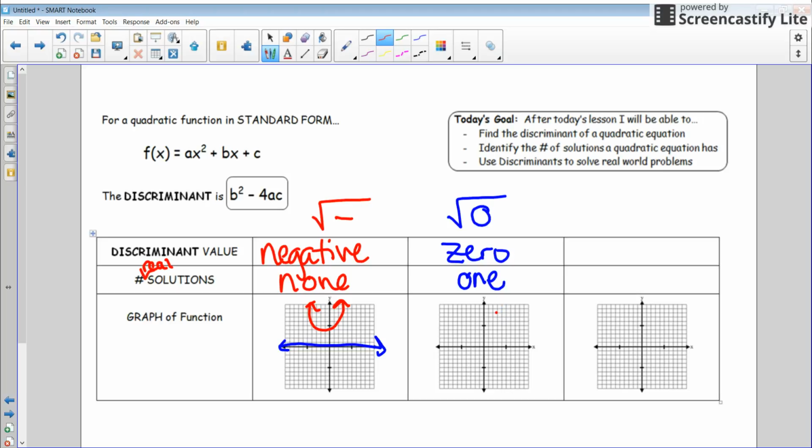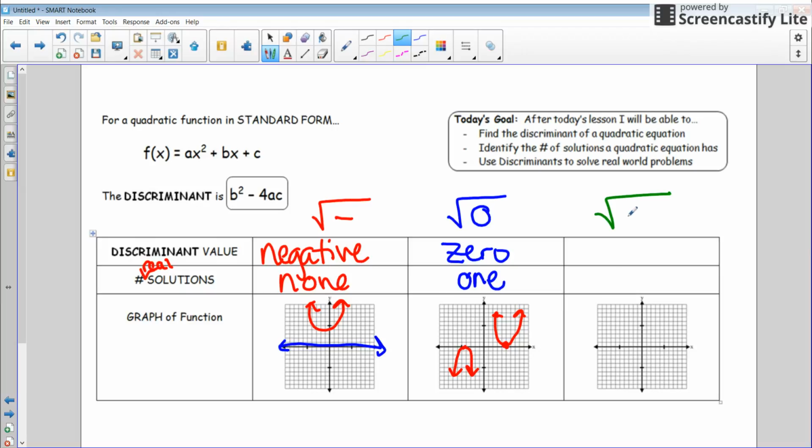And so what that means is your parabola will come down and touch the x-axis and go back up. Or maybe if it's like this, it'll touch once and go back down. So there is one x-intercept, therefore there's one real solution.